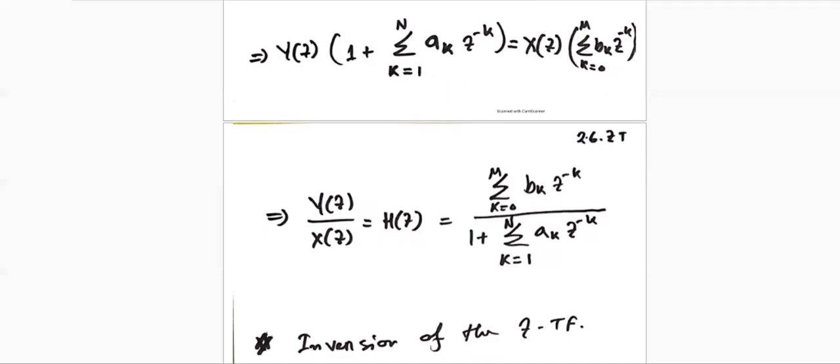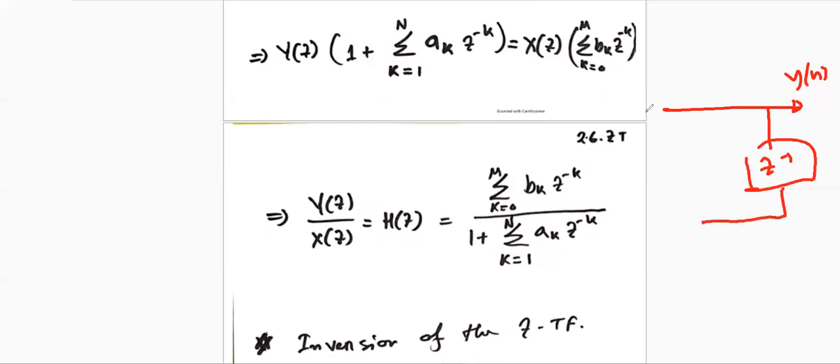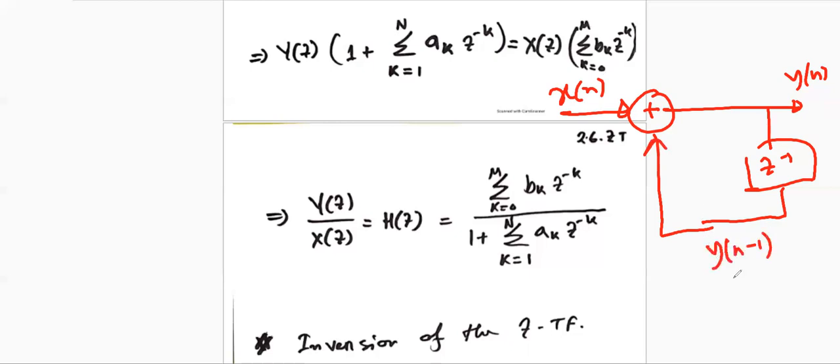You have the output. So in a system, if you have the output and you have the delayed version of that, if you need that for any sort of response, this is your x[n] input, and this is the delayed value of y. So we can write this is actually y[n-1].